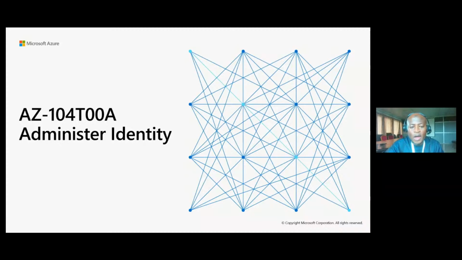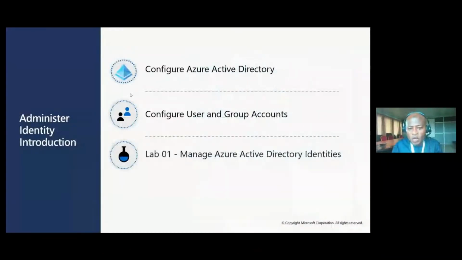All right. So this course is AZ-104, like I did mention, and what we are taking us through today is administering identity. Let me quickly show a few things about what we intend to learn. In administering identity, we are going through two major objectives.